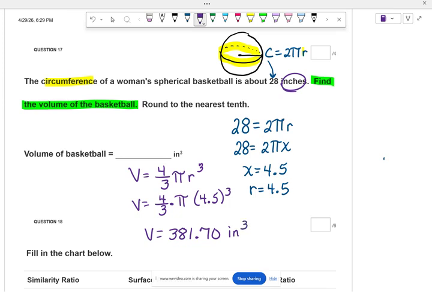Volume is cubed. But they want us to round to the 10th. What would this 0 tell that 7 to do? It would tell it to stay a 7. So the volume of the basketball is 381.7 inches cubed.